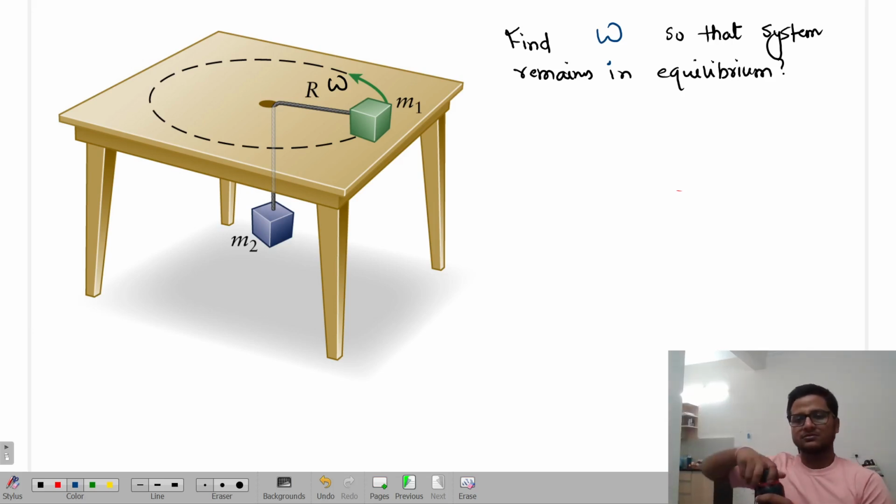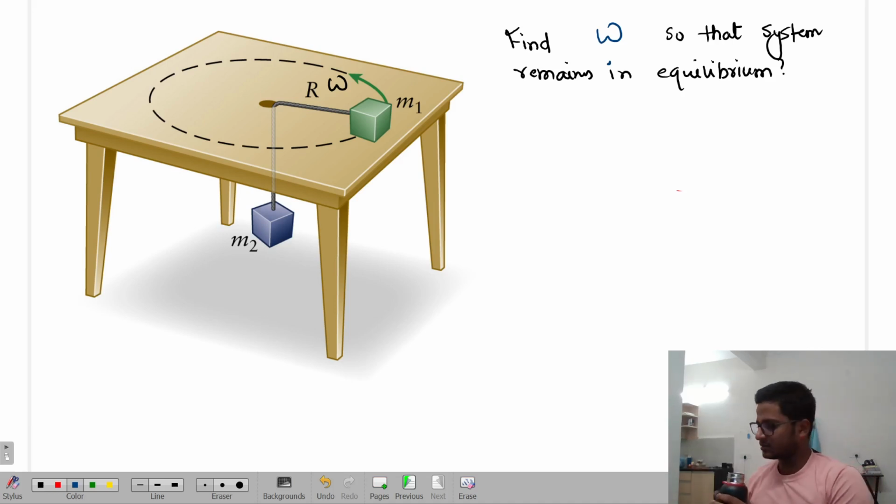So find omega so that the system remains in equilibrium.